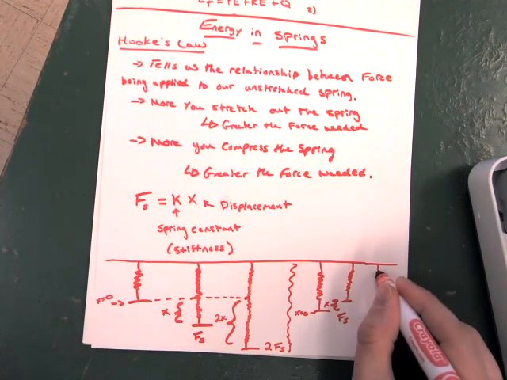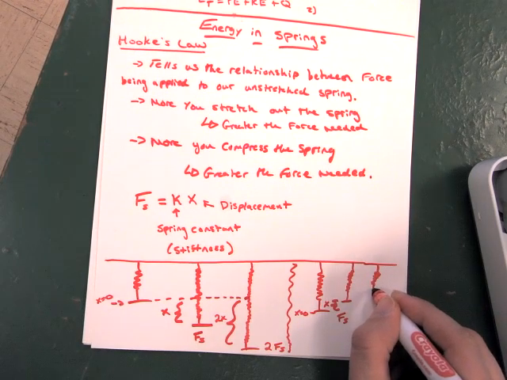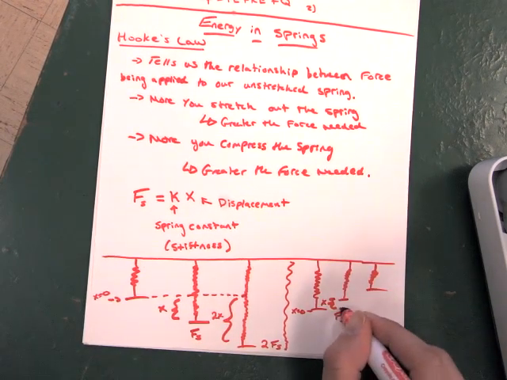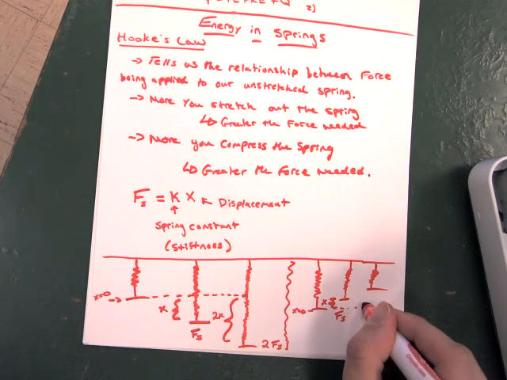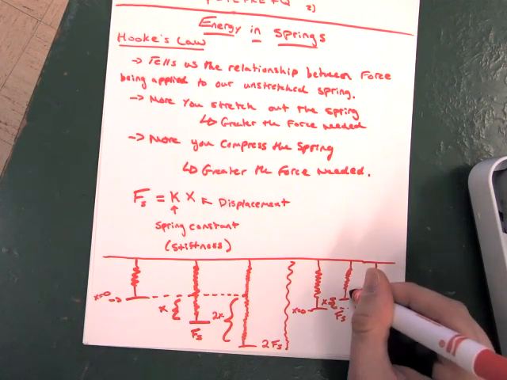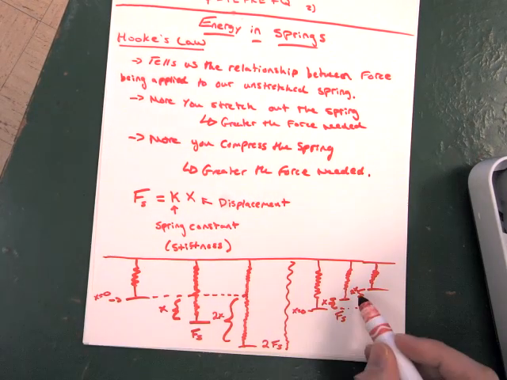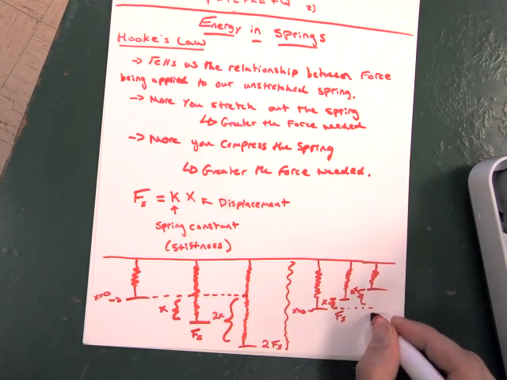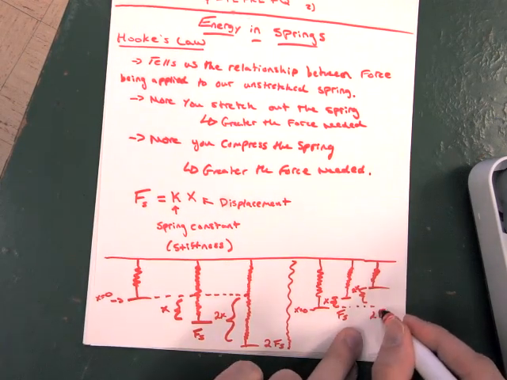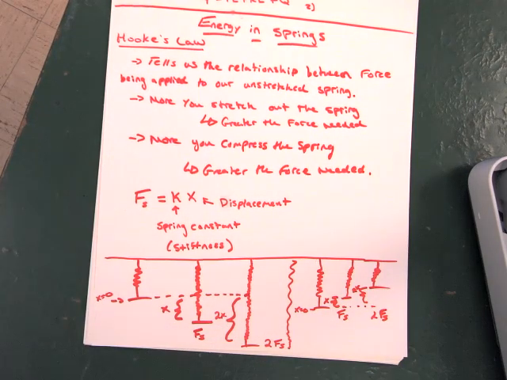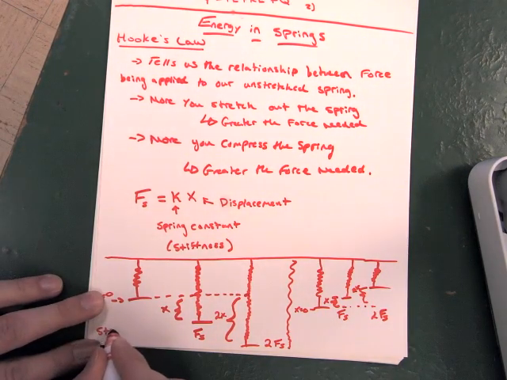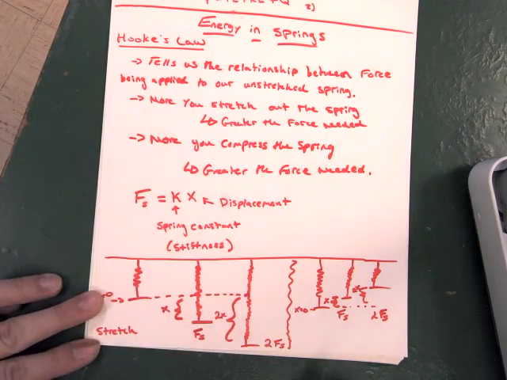Say I want to compress it even more. I apply an even larger force on it. Our equilibrium is still here, so we can tell that now it's increased by 2 times. I'm sorry, that's not a very clear 2, but it means we have 2 times the spring force being applied to compress it. This is stretching out. This is compressed.